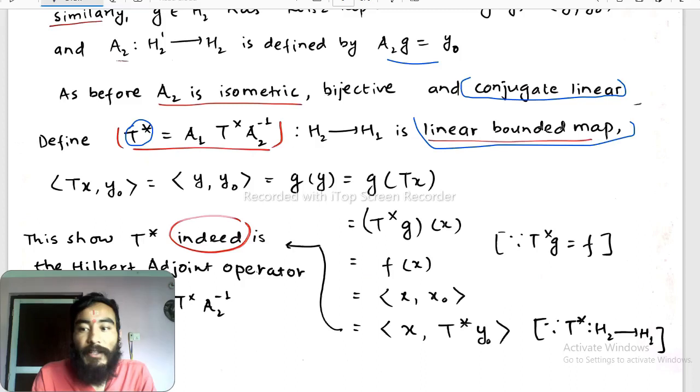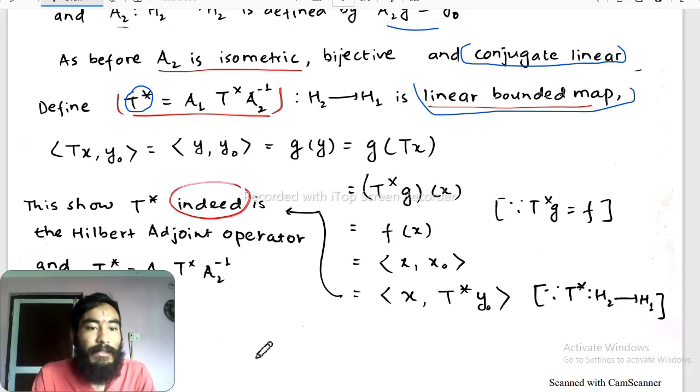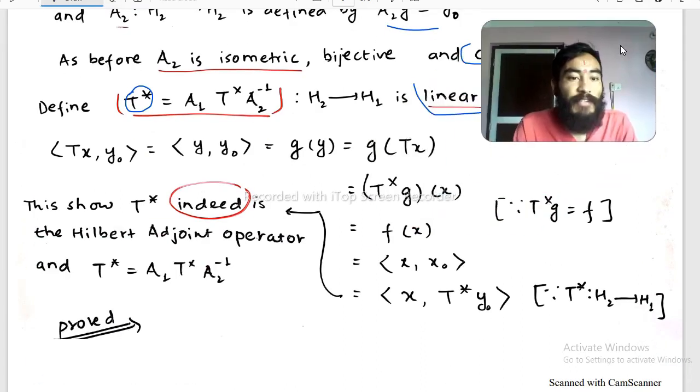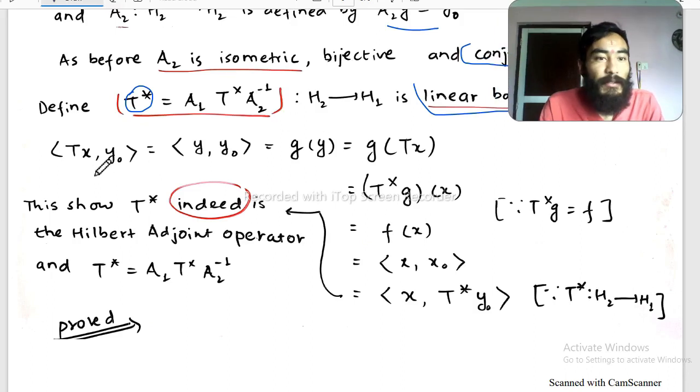Now finally we show T star is the Hilbert adjoint operator. For that we use this relation: Tx, y naught. Tx is y, and from the Riesz representation this is g of y, which is g of Tx.